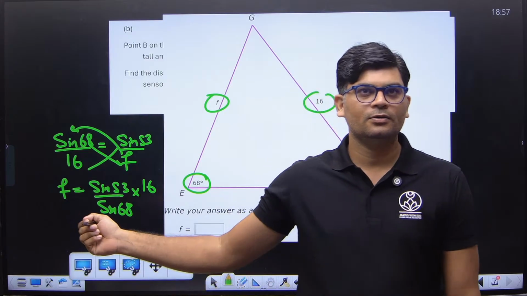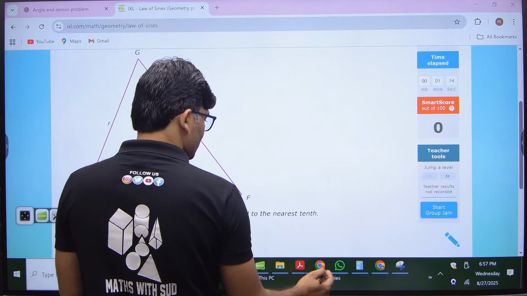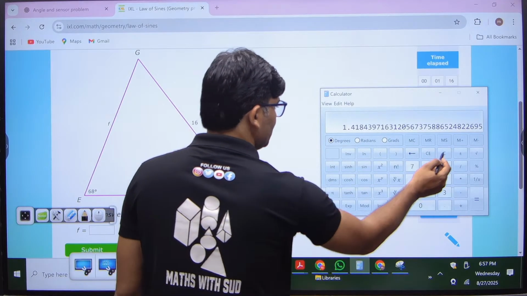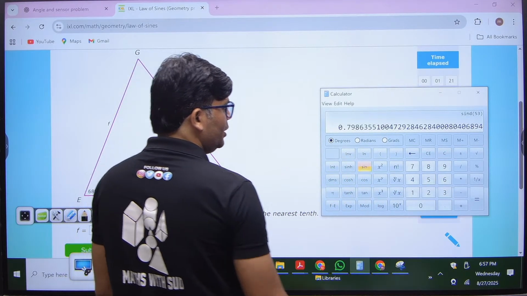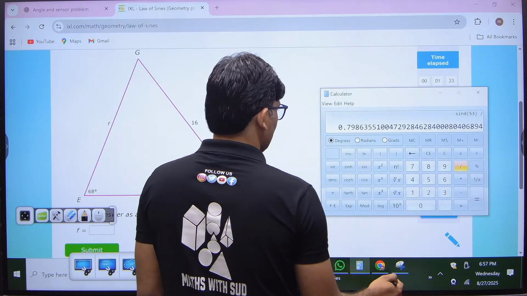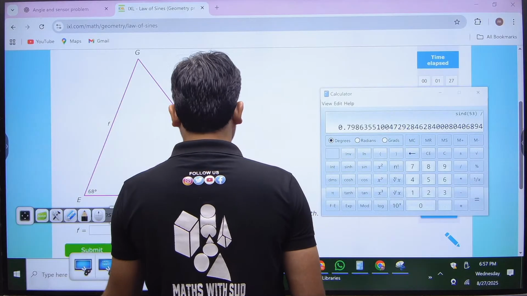Shrimoi, any doubt, beta? So what is sine 53? Again we have to take the help of the calculator. So 53 sine divided by, so divided by how much? 68.